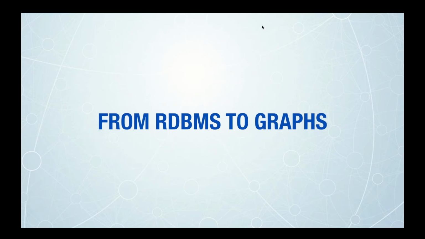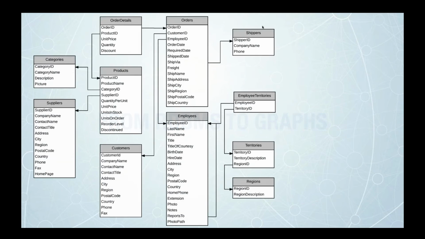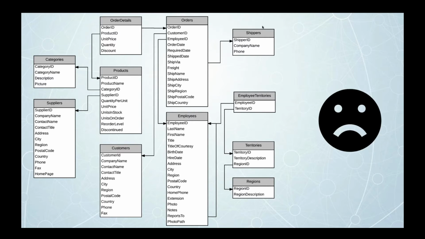Cool, so let's take a deep dive into how we would actually model some of this. I'm sure most of you are familiar with ER diagrams. This is the ER diagram for the Northwind data set.